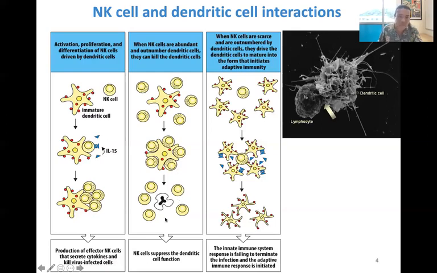Why? Because in doing so, what the natural killer cells are doing is suppressing the dendritic cell from further moving on and potentially doing something like waking up the adaptive immune system. And you're like, why would they want to do that, right? Because I thought the whole point is eventually you want to wake up your adaptive immune system. No, remember, your body wants to hold off on activating your adaptive immune system until your innate immune system has really had a chance to see if it can eliminate the pathogen, right?